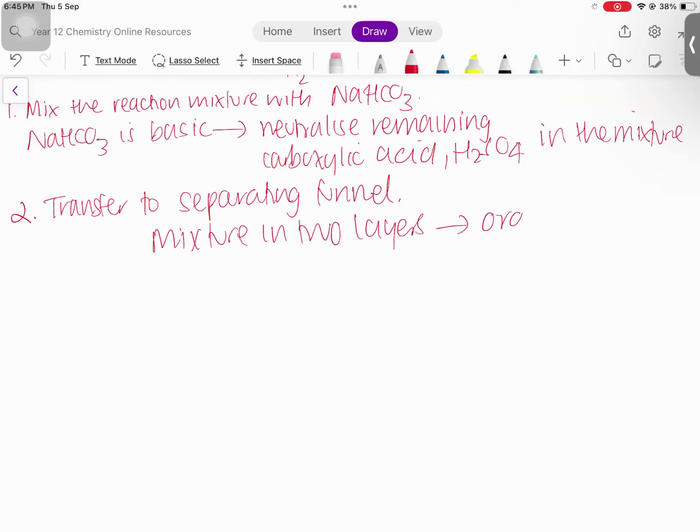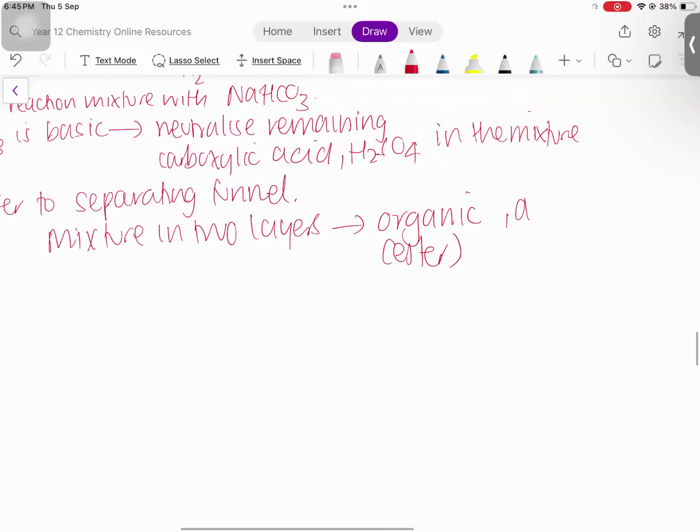There's an organic layer containing the ester and an aqueous layer containing everything else. The two different layers have a different density and they don't mix. That's the reason why you're able to separate it with a separating funnel. So the requirements for using a separating funnel is they don't mix and they have a different density.